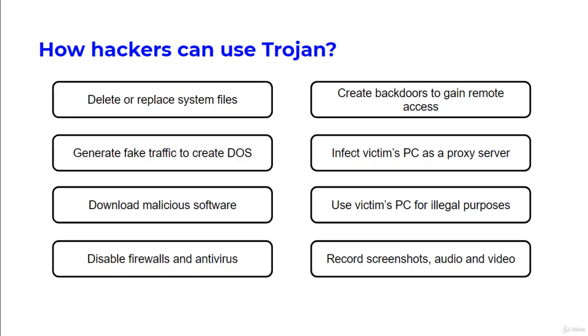They can record screenshots, audios and videos. I remember one attacker group had claimed to be releasing videos and recordings of the US President Mr. Donald Trump. So there might be a chance that the White House computer had faced a cyber attack.